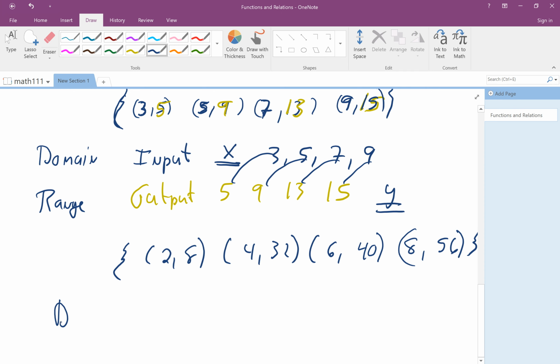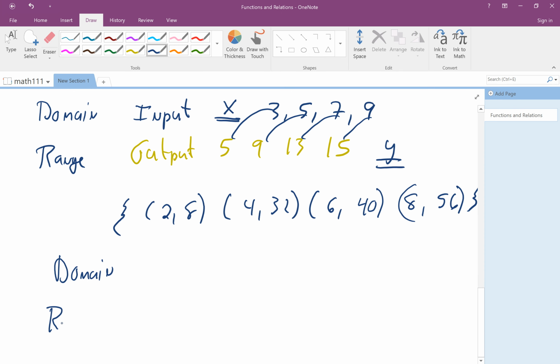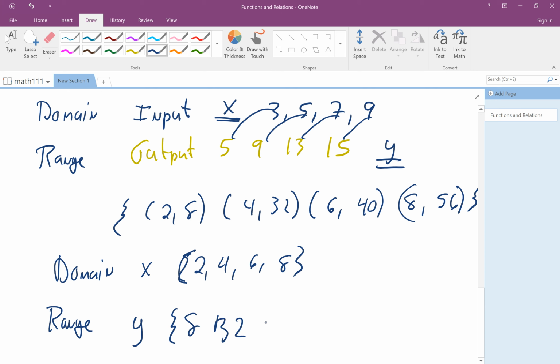So domain, range. Domain's the input. Domains are x's. So what would be in the domain? What would we write down here? 2, 4, 6, 8. Outstanding. That's going to be our domain. And our range, what would that be? 8, 32, 40, and 56.